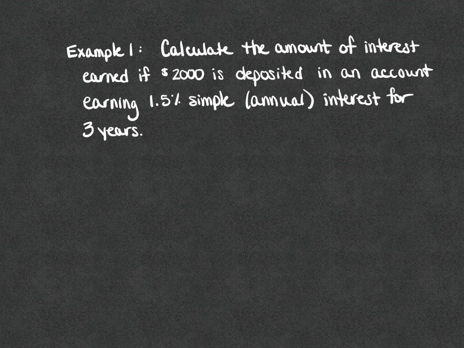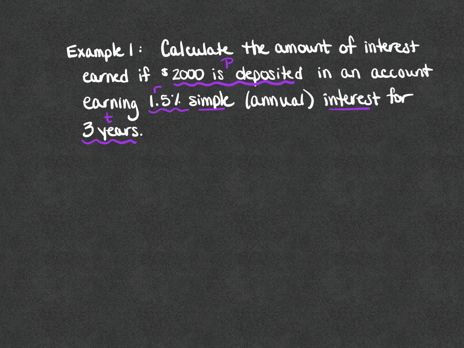So in this case, we want to find the amount of interest earned if $2,000 is deposited. That's the starting amount, or P, in an account earning 1.5% simple interest, that is R, for 3 years. And our time is given to us in years, which is important for the formula.